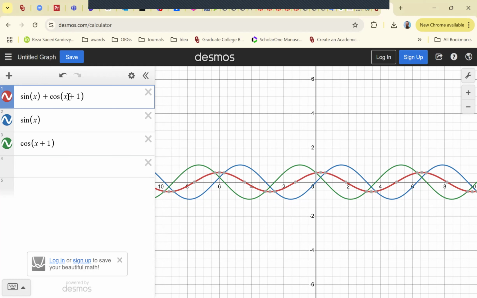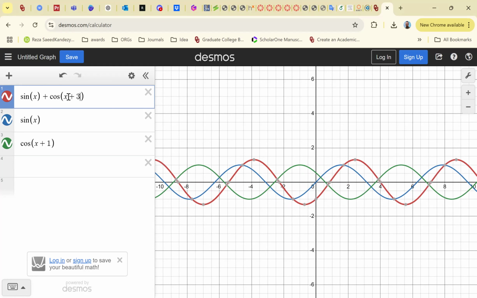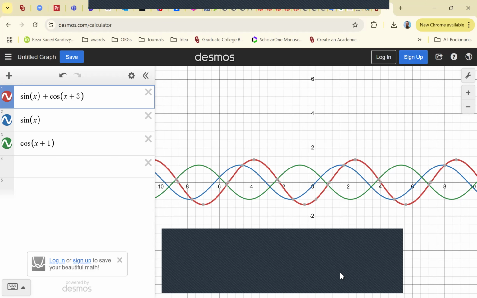I'm just introducing a phase shift. If I do plus 3, it increased. So by manipulating the two waves interacting with each other, I can manipulate the level of that frequency. Does that make sense now?